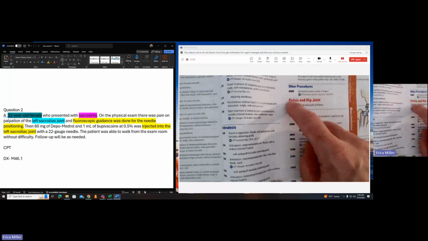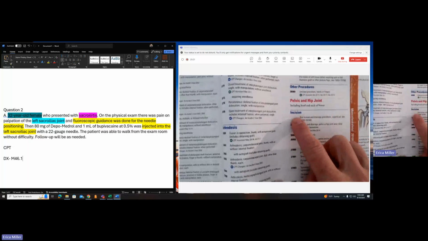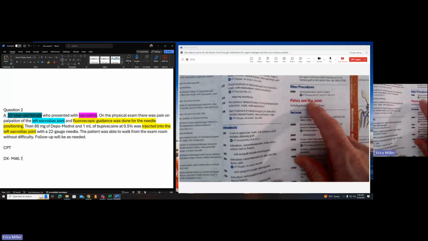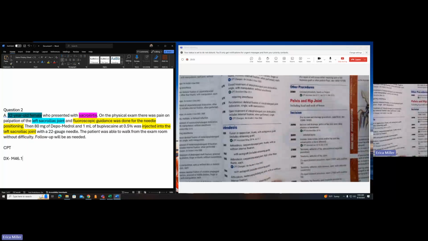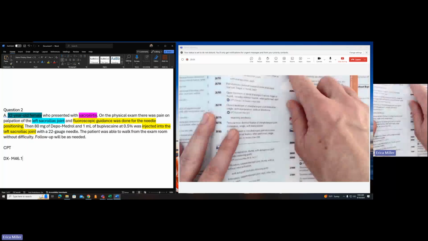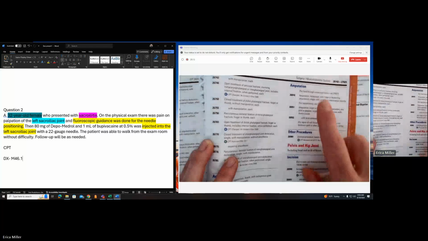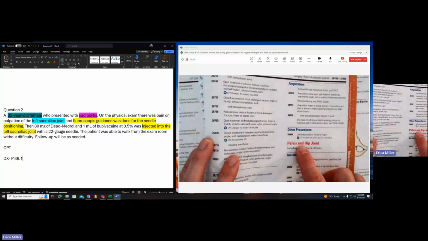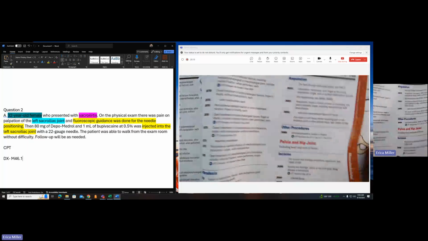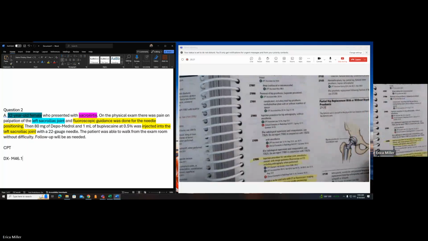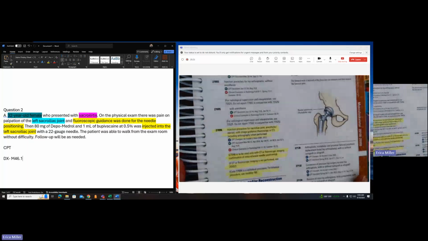Red is going to be your anatomic sites. Blue is all the types of services that can be done to that particular area or subsection. So subsection pelvis or surgery section, musculoskeletal system. What part of the musculoskeletal system? Pelvis and hip joint. Okay. And then introduction. Injections fall under introduction.